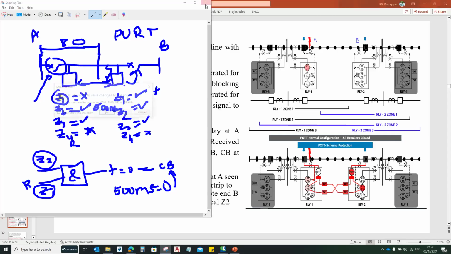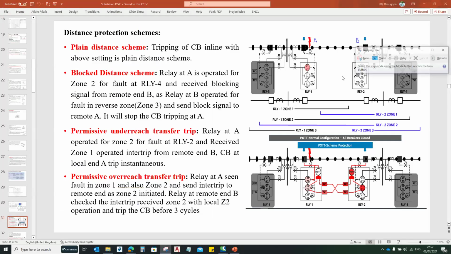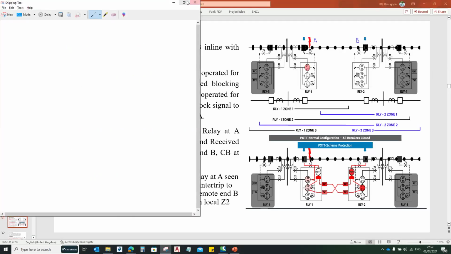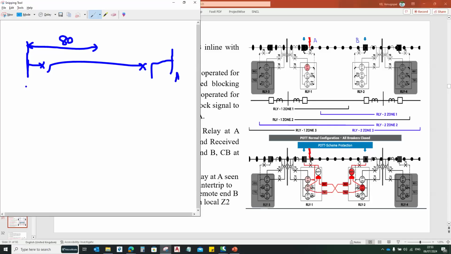Okay. Next. Permissive overreach trip. So permissive overreach trip is nothing but, again, I'll take substation A and substation B. I'll consider one numerical relay here and one more numerical relay there.